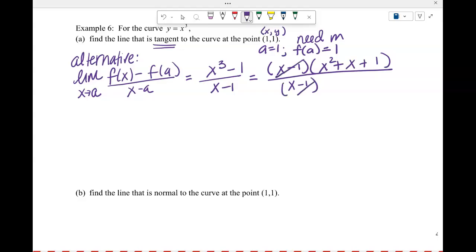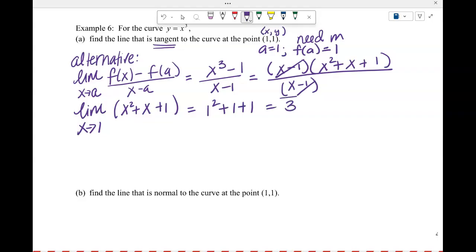Okay, so these are going to be reducible. So limit as x is approaching a, which is 1 in our case, we have x squared plus x plus 1. So by substitution, 1 squared plus 1 plus 1, our slope is coming out to be 3.